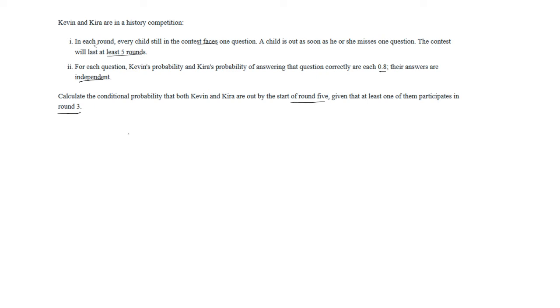So what this says is they have to be in round 3, out by 5. So if we're looking at the last survivor, first, the probability that Kevin and Kyra are out by the start of round 5 means that the last survivor, or the last loss, has to occur before 5.